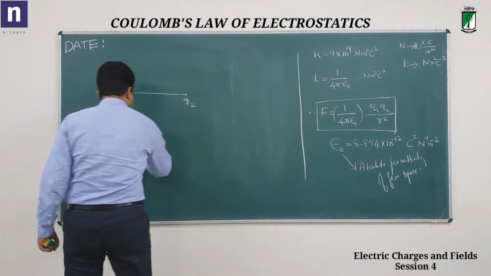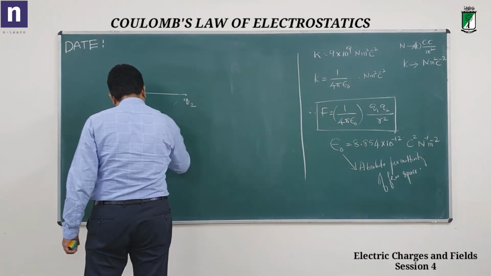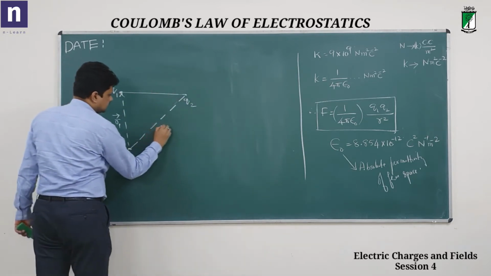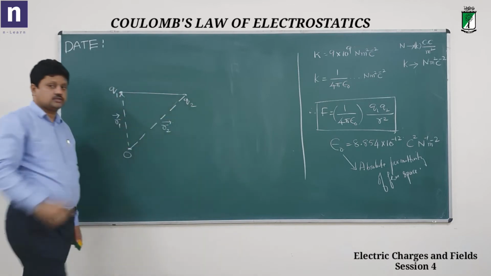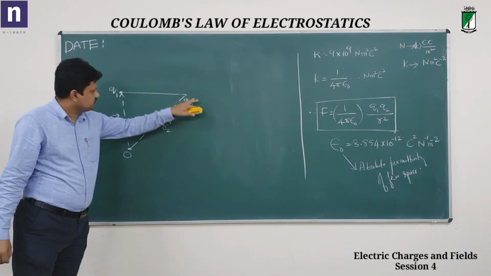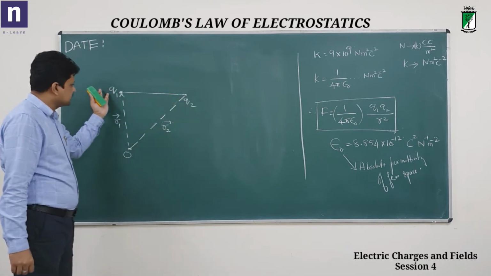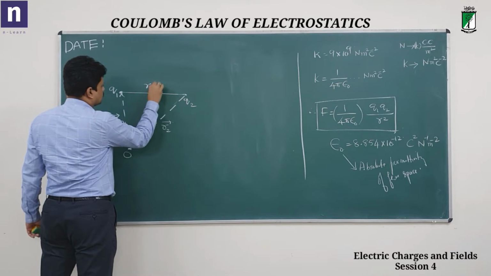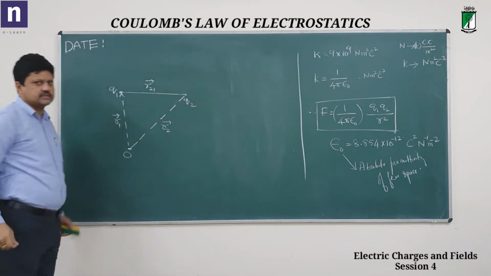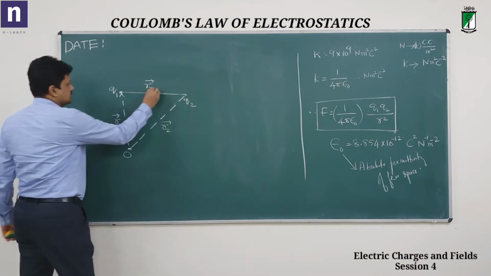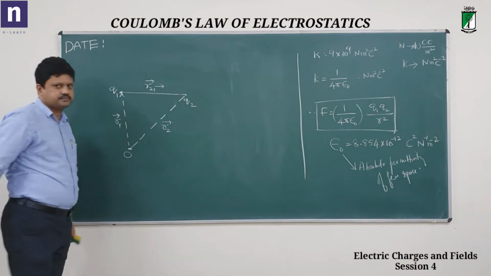Similarly, the distance from O to point 2, that is Q2, is say R2. Then the distance of charge 2 from charge 1 can be written as R21 as a vector. So the distance of 2 from 1, this is in this direction.